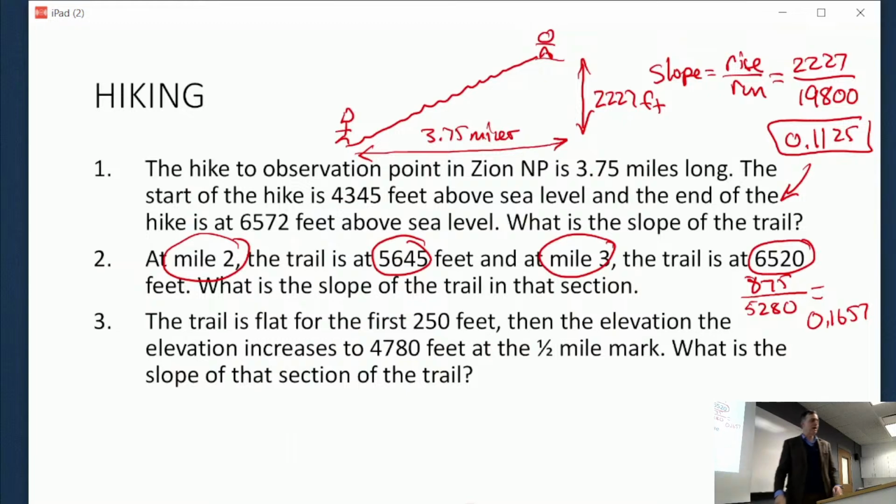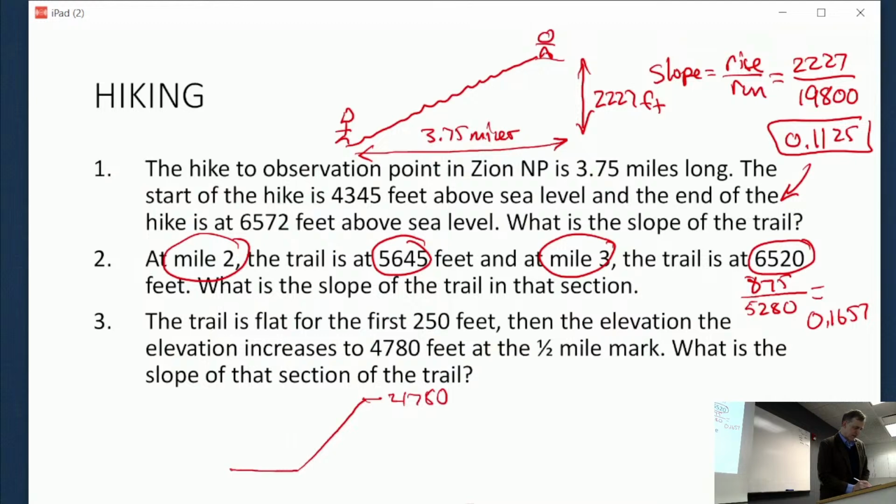Both of these, by the way, are what we call secant lines. So a secant line, I'll draw this in just a minute. But this last one, if we start off 250 feet, it's completely flat. And then the elevation increases to 4,780. So this is 4,780.